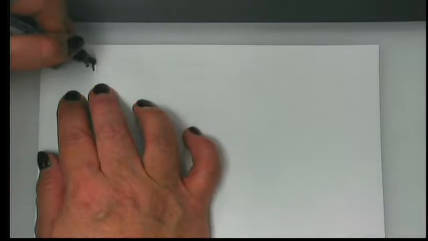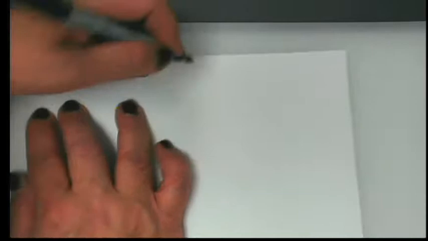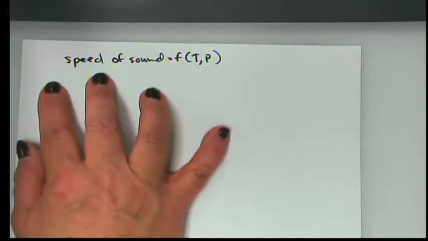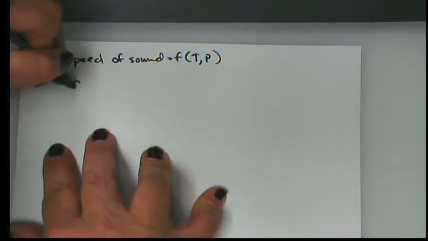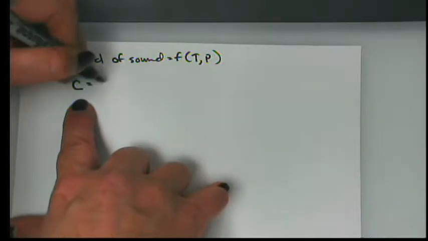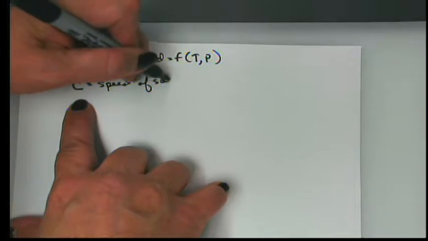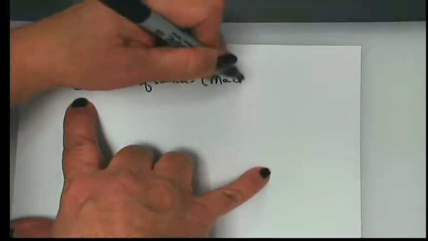The next thing that we talked about is the speed of sound. The speed of sound is a function of temperature and pressure. There are some relationships that talk about ideal gases, but the speed of sound is designated by the letter C. Now, the speed of sound is also referred to as Mach 1.